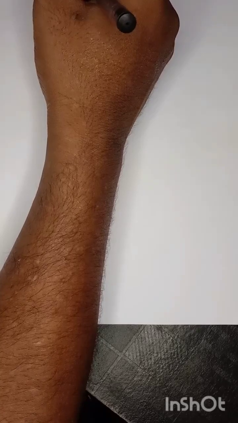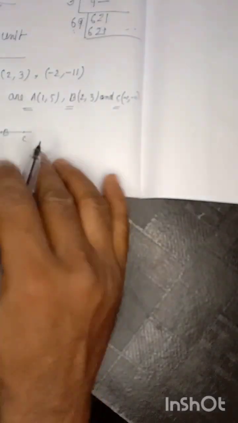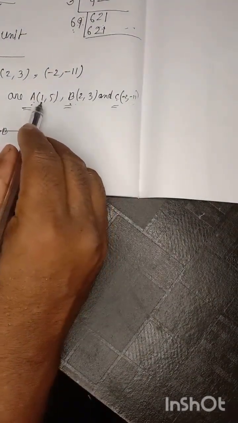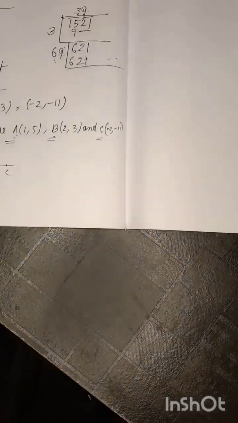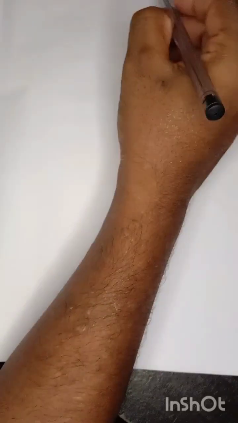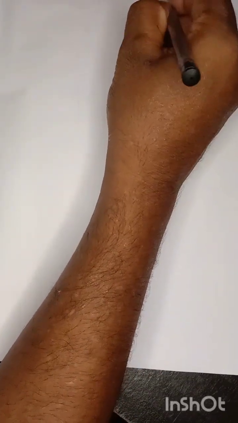What is our distance formula? Root of x2 minus x1 whole square plus y2 minus y1 whole square. I have taken AB, means A and B. So x1 is 1 and x2 is 2. So x2 minus x1 means 2 minus 1, whole square, plus 3 minus 5 whole square.